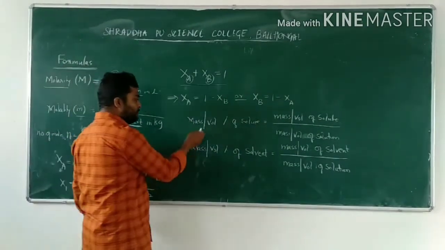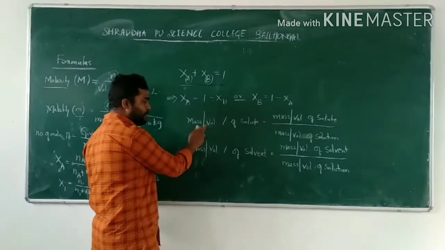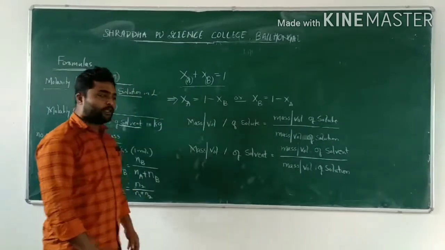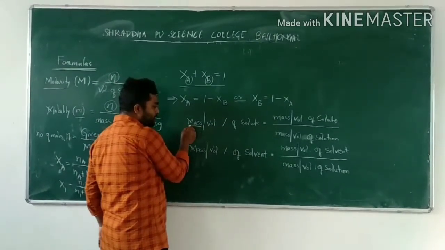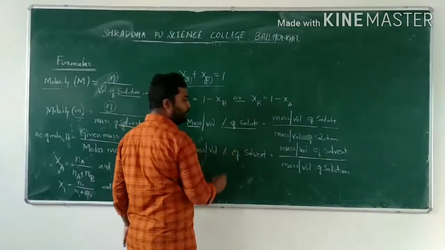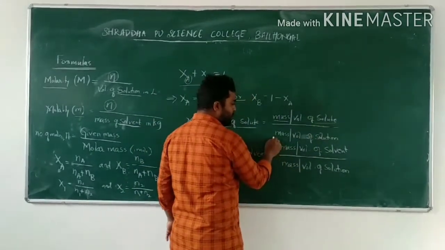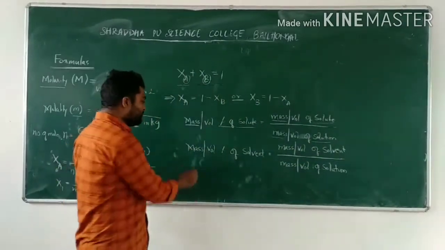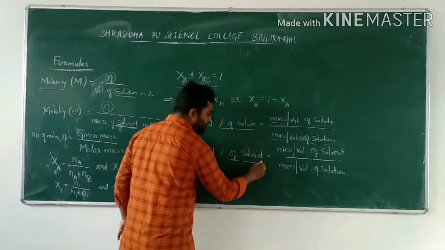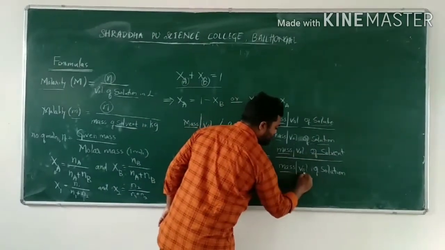Then the next, when you are calculating mass percentage or volume percentage, I have written them together, so don't get confused here. When you are talking about only mass, the mass percentage of the solute is nothing but mass of the solute divided by mass of the solution. Same way, mass percentage of the solvent is equal to mass of the solvent divided by mass of the solution.